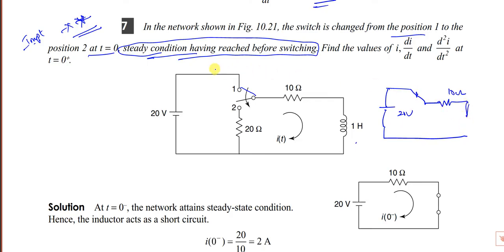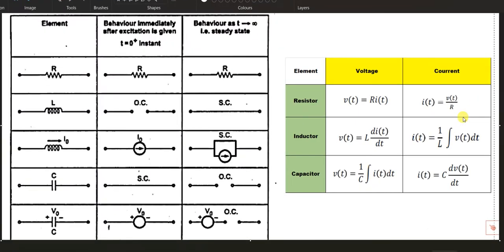For t equals infinity, what happens in the final condition, we have to see in the table. Just after switching at t equals 0 plus, it acts as open circuit. When the steady state is reached, the inductor acts as short circuit.